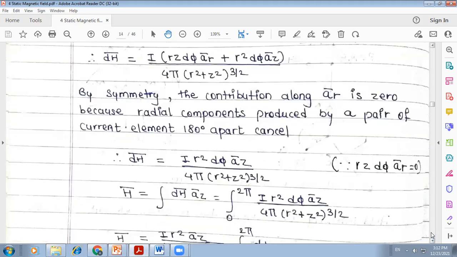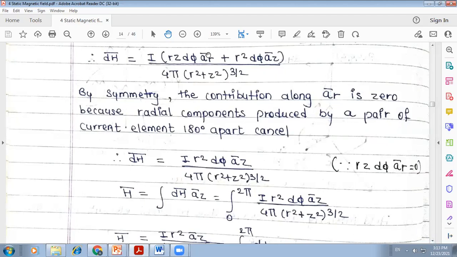That's why, by symmetry, the contribution along A bar R becomes 0, because they are 180 degrees apart from each other.